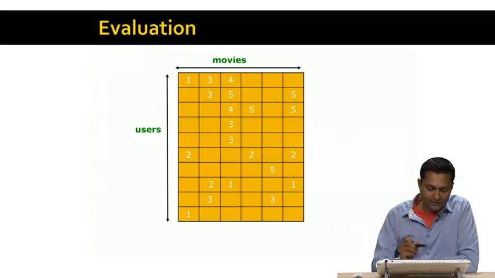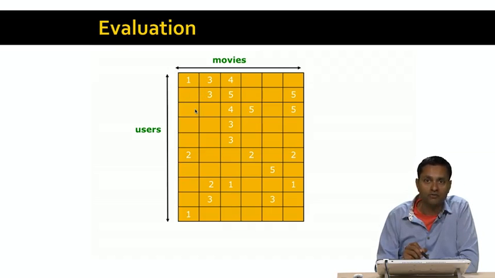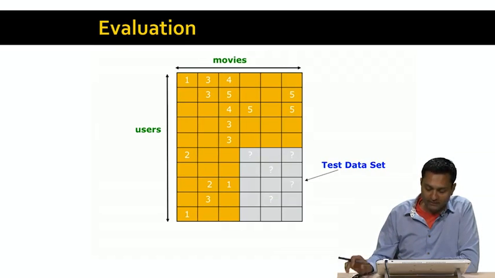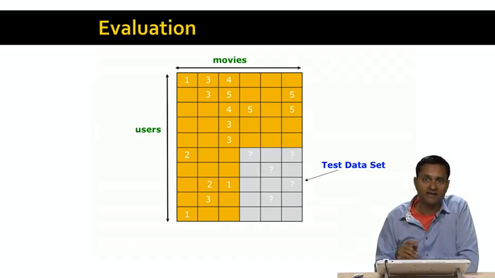Let's look at an example. Suppose we have a set of users and movies, users on the y-axis, movies on the x-axis, and here's a utility matrix where some of the rating values are known and some are unknown, and ratings are on a scale from 1 through 5. Now, the common evaluation methodology is to take a piece of the matrix and treat that as a test set.